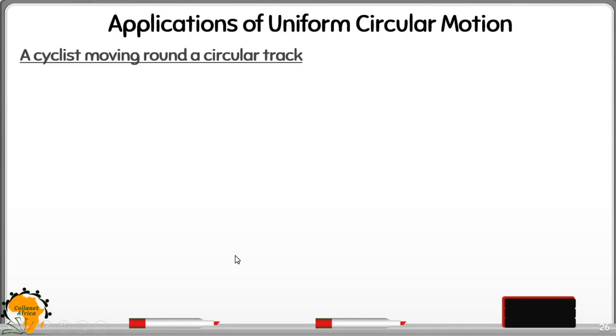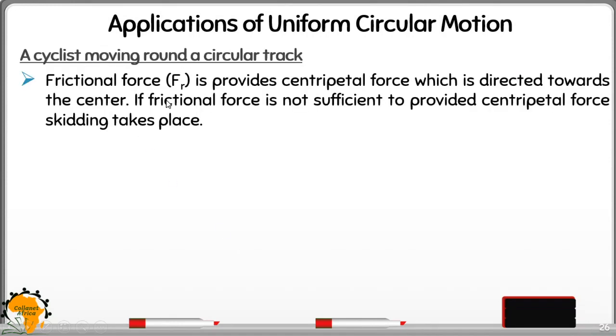Then we continue with a cyclist moving around a circular track. In this case, the friction force is the one that is providing the centripetal force. Remember, we need this force so that a body can move in a circular path. So if the frictional force is not sufficient, again, skidding may take place.